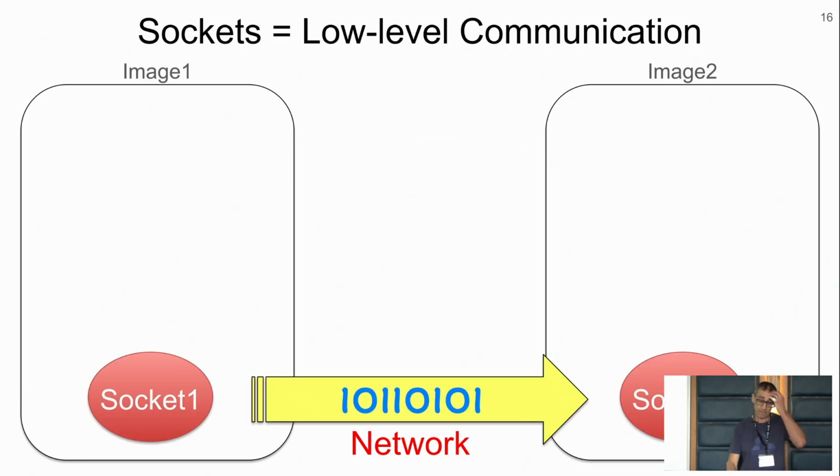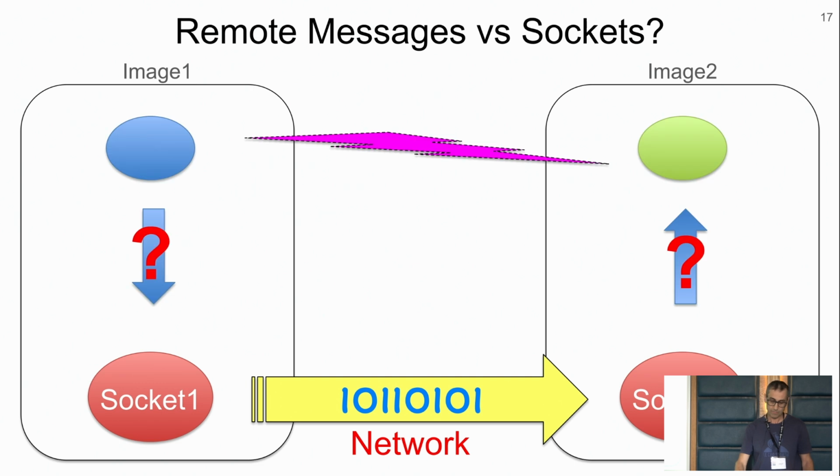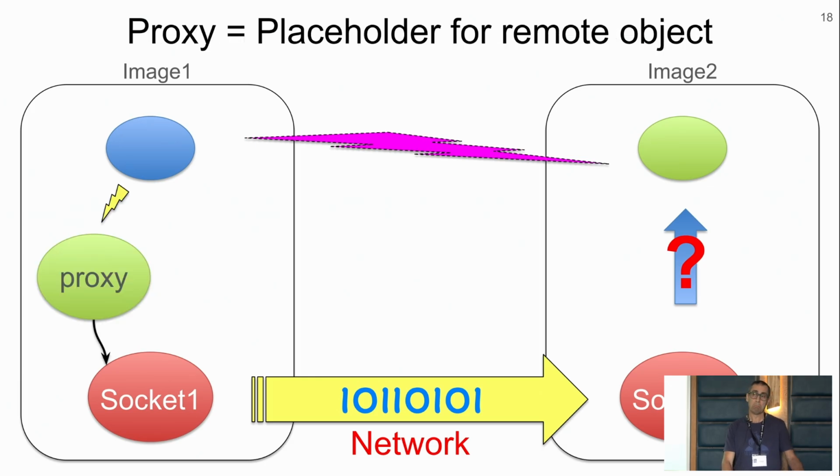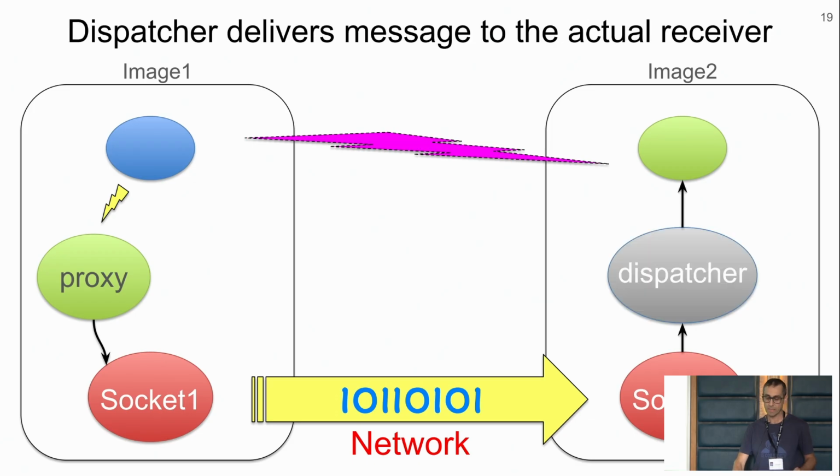And what happens behind the scenes is that somehow we go from that logical view to bits going through a socket over the network. And so the question is how we go from the logical view to the socket view. Traditionally, in an object context, we represent the remote object through a proxy local to the same image, and it's the proxy that actually receives the message, and through a chain of changes converts it to bits and sends it over the socket.